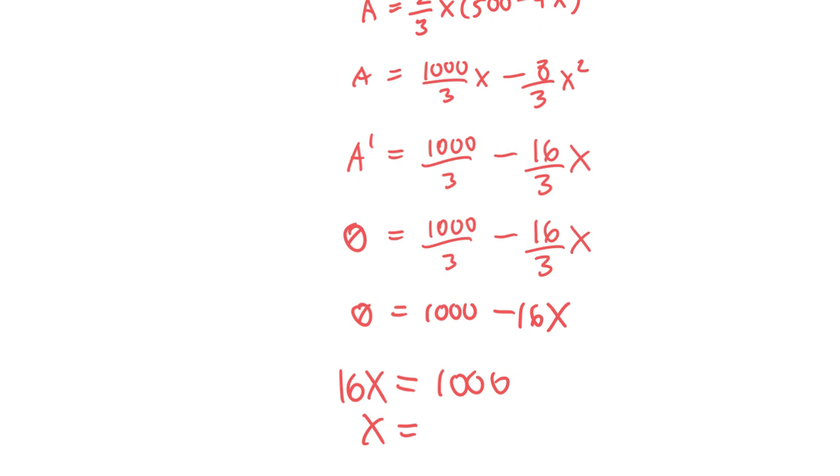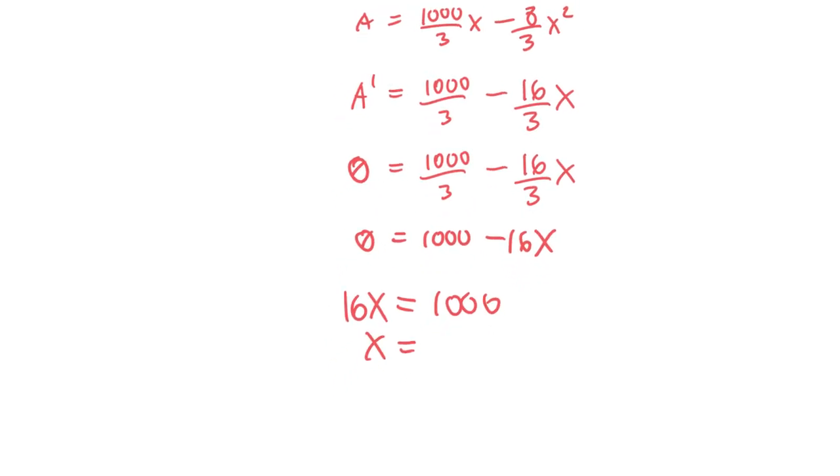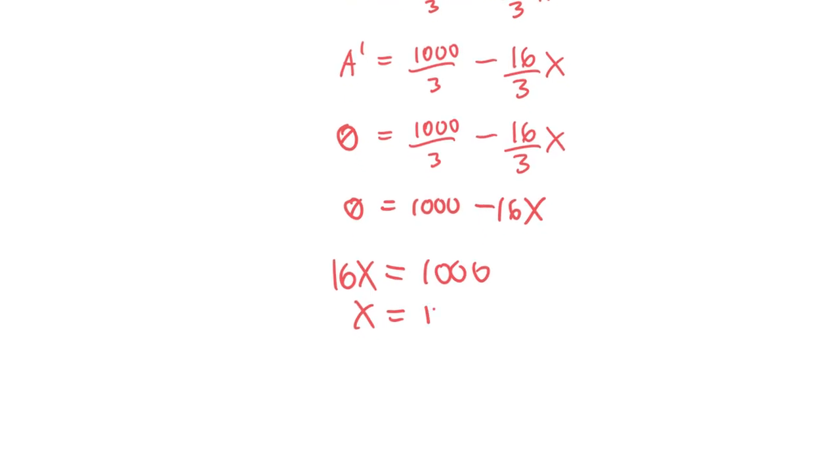aka something else. So 1,000 divided by 16 is 62.5, and that's really 125 over 2.